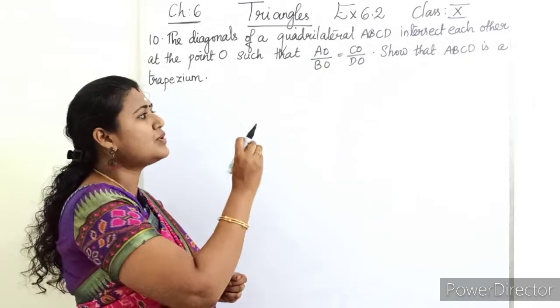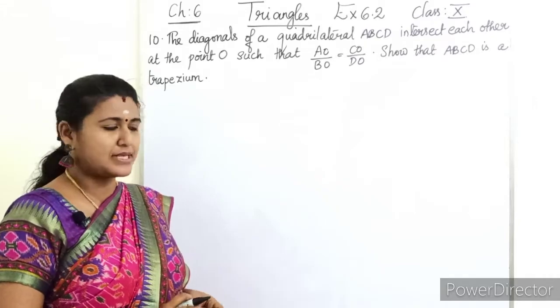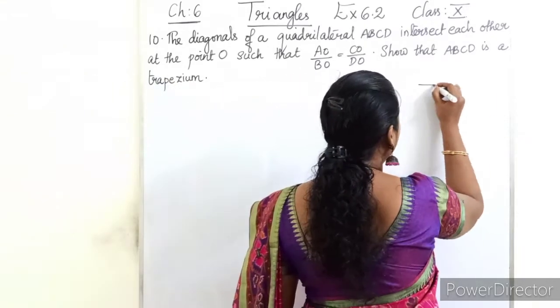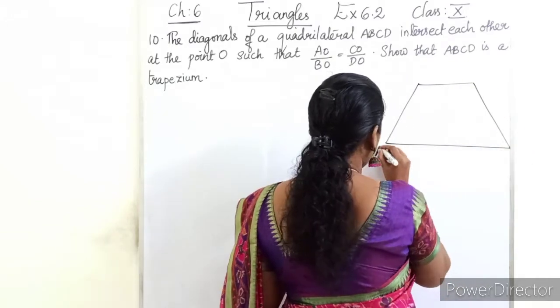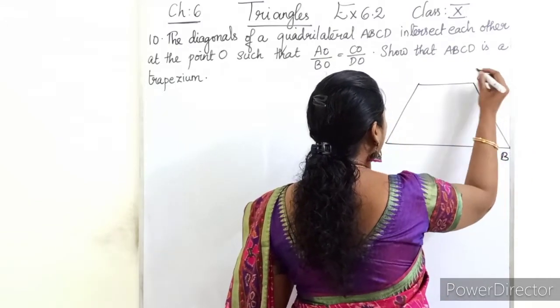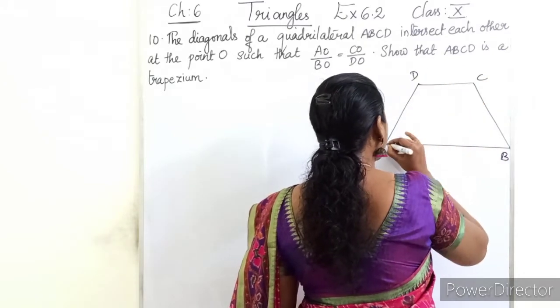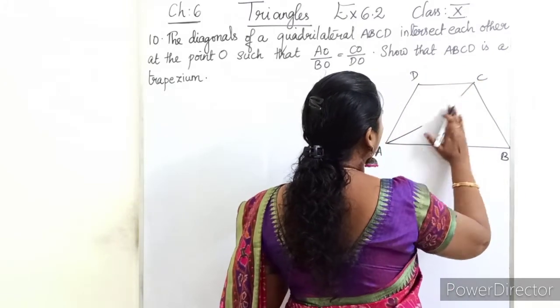We have to show that the quadrilateral is a trapezium. So first we will draw the quadrilateral ABCD, in which the diagonals intersect at the point O.